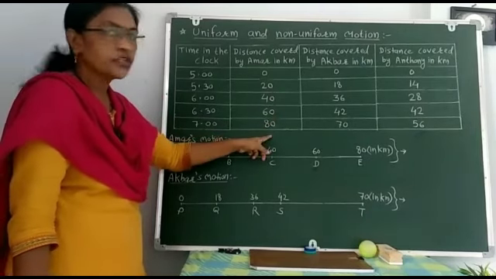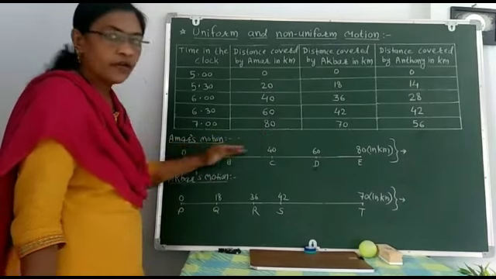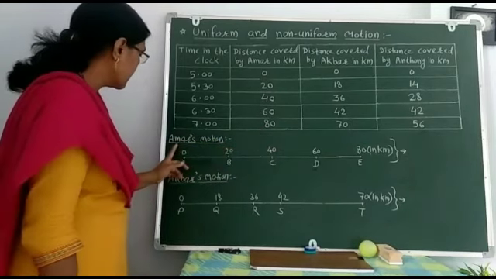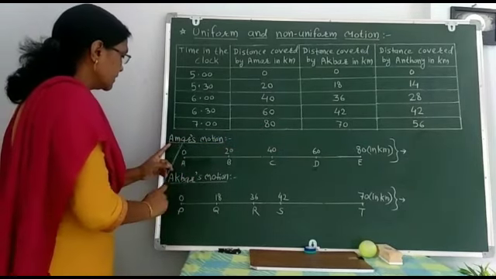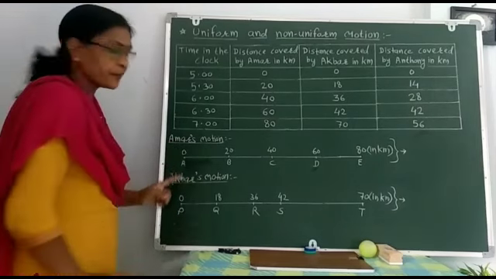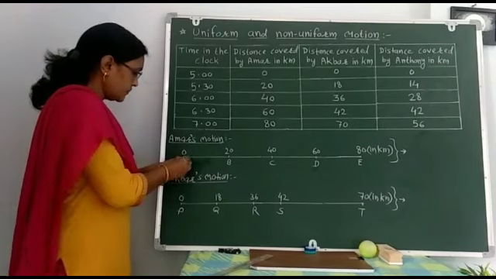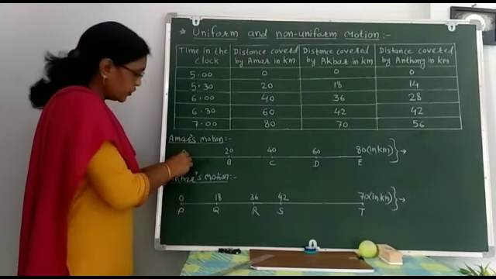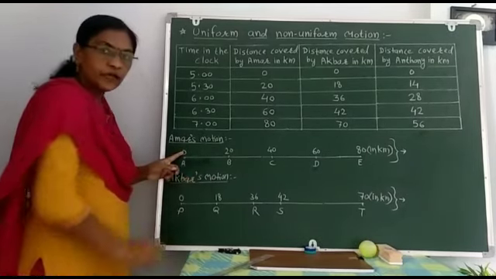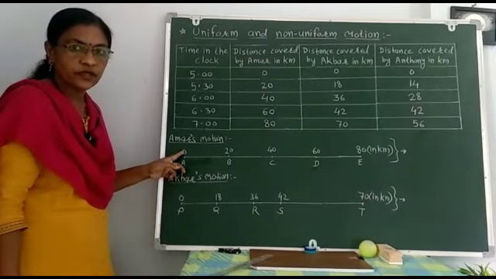This information we can represent by a diagram like this. Look here. This is Amar's motion. Amar starts traveling from point A. So here his distance traveled will be 0 kilometer.